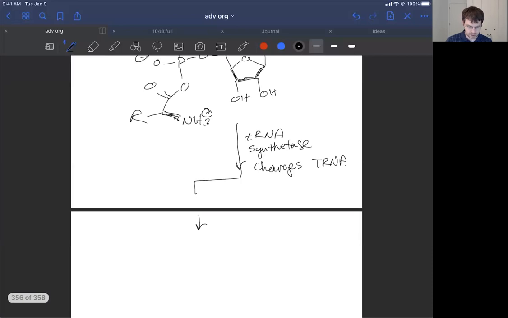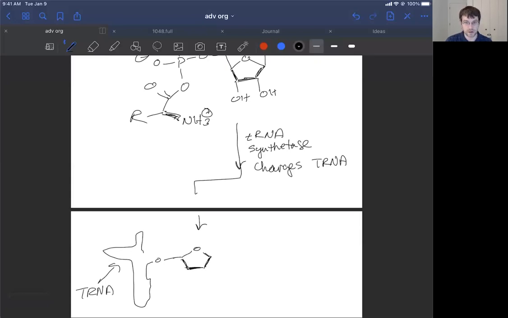Some people are really good at drawing tRNAs. That's not my specialty. I think it kind of looks like this. I don't know. That's terrible. But at this point, we have an oxygen, and we have two OHs that lead up and into the base.